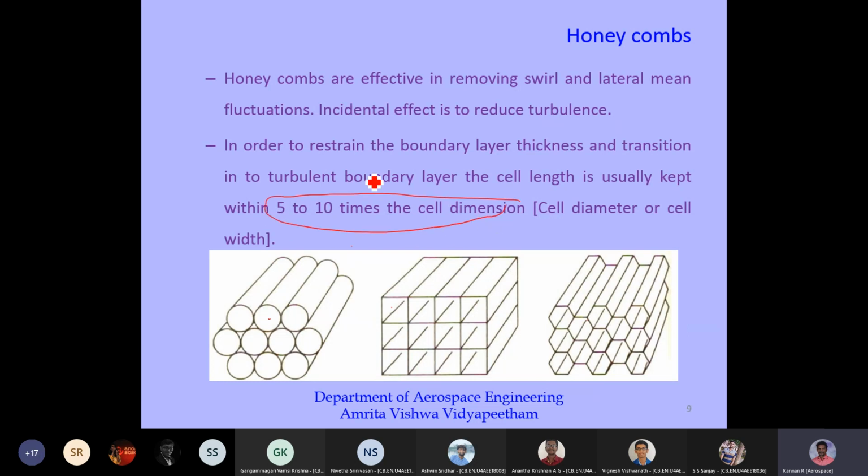Keep in mind that. Whatever length we are talking about, here the L is going to be 5 to 10 times the cell dimension, cell diameter or cell width. So these numbers are very, very important, and object type questions and these kinds of questions will be there. Please keep that in mind.